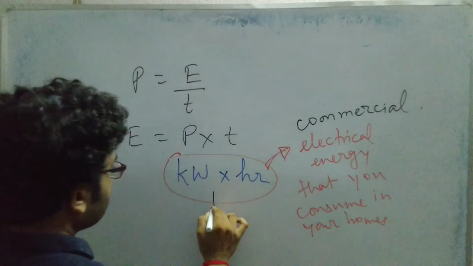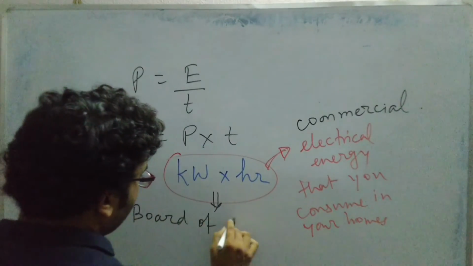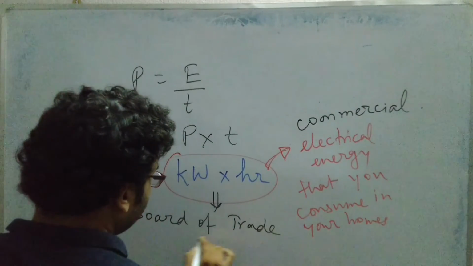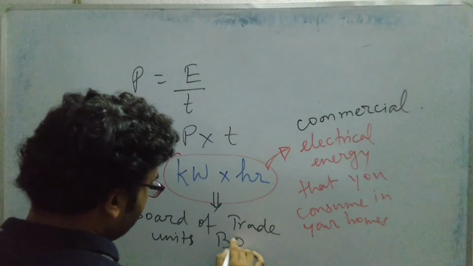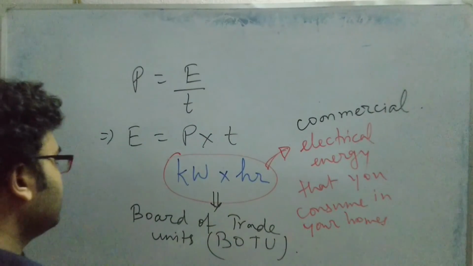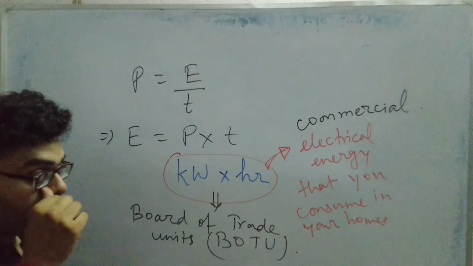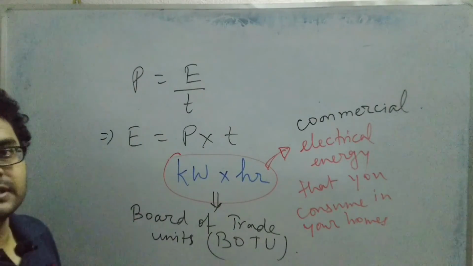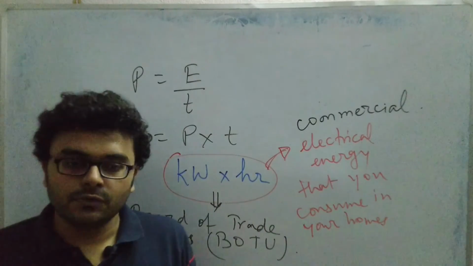Often this is regarded as board of trade units, or in short BOTU. So this is the energy we use for electrical energy in commercial purposes, in your home or offices or anywhere else. This is another unit of energy that we use.